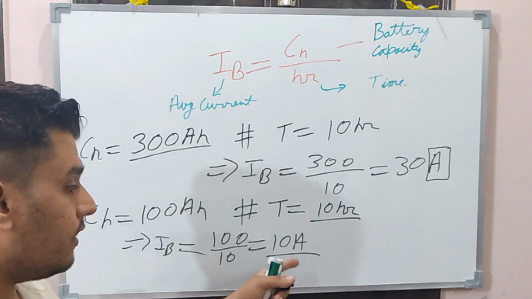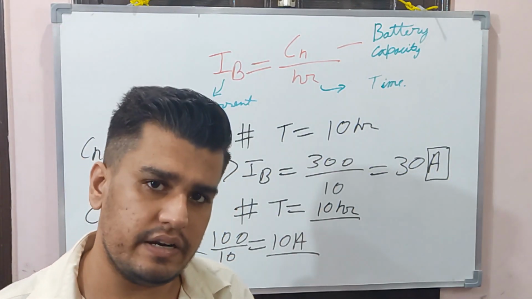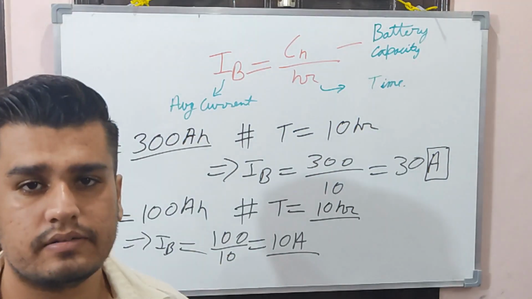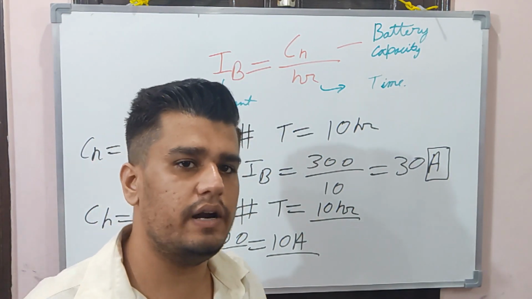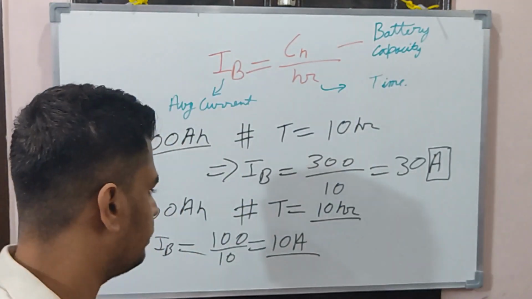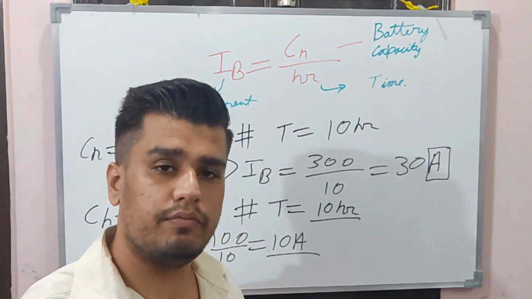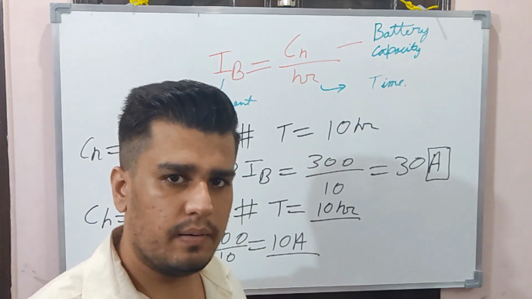So here I cannot run a load which needs a current of more than 10 amperes. So now you can understand how you can calculate the amount of current you can get from the battery.